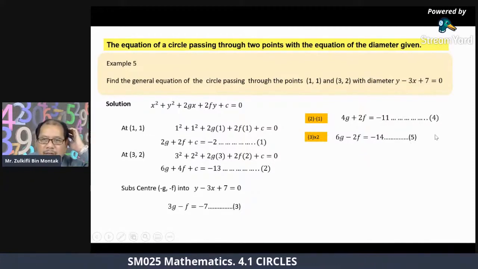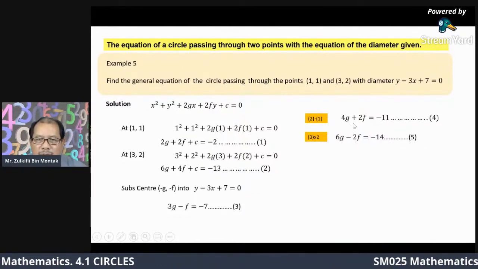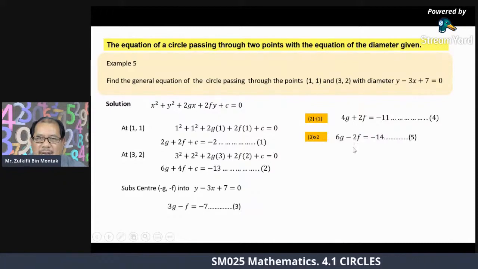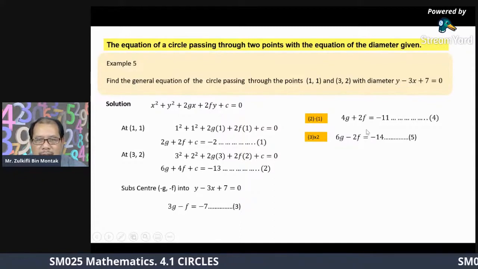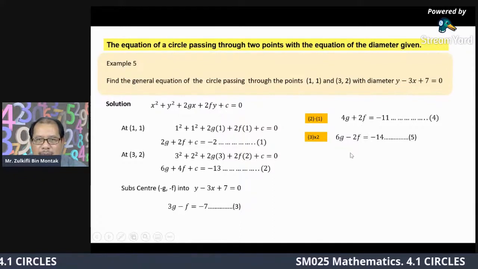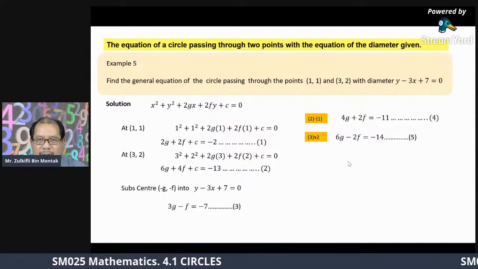If you look at equation number 4 and equation number 5, we have only two unknowns, F and G. Now I can add, because it is positive 2F and negative 2F.